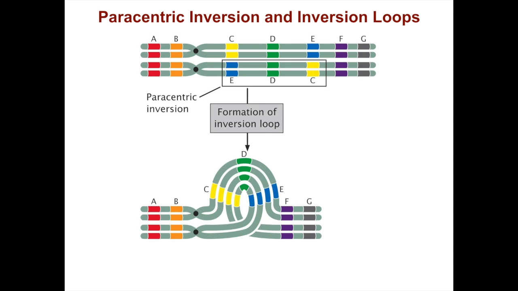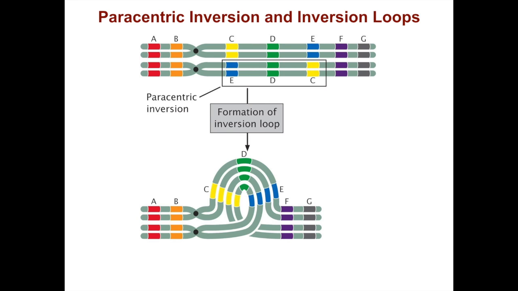Paracentric inversions cause an unusual inversion loop during pairing in prophase 1 of meiosis. So you see here we have a normal chromosome at the top that has C, D, and E in the wild type order. And then you're pairing this chromosome with a chromosome that has undergone a paracentric inversion.